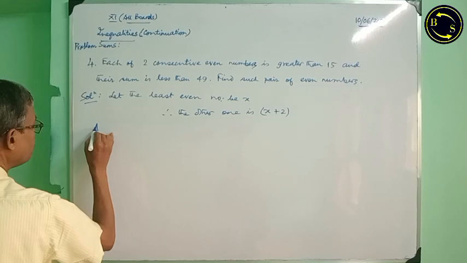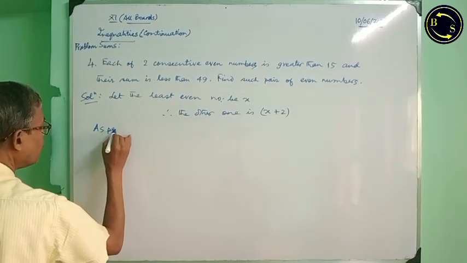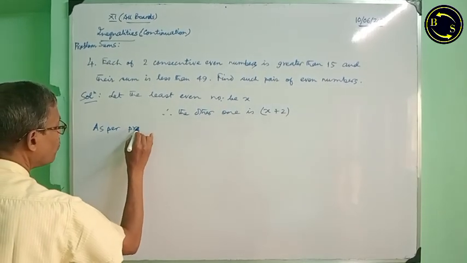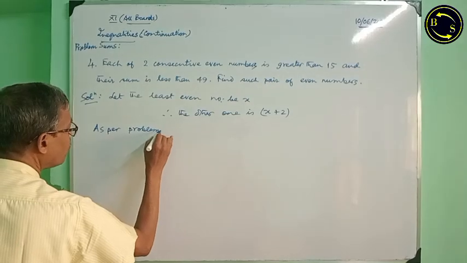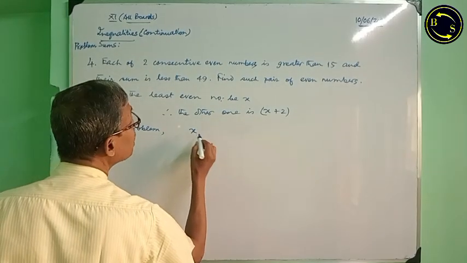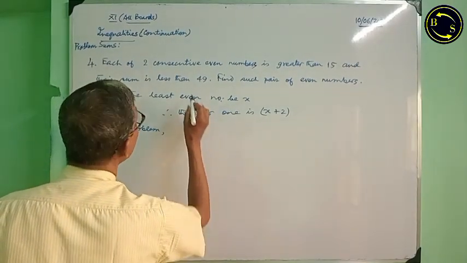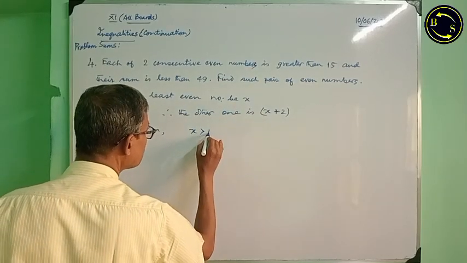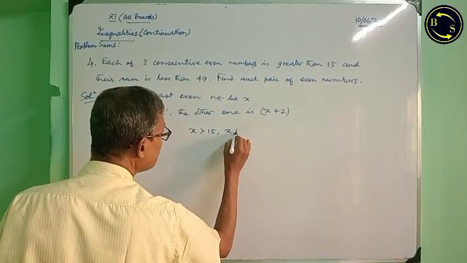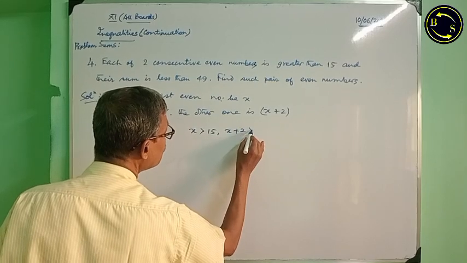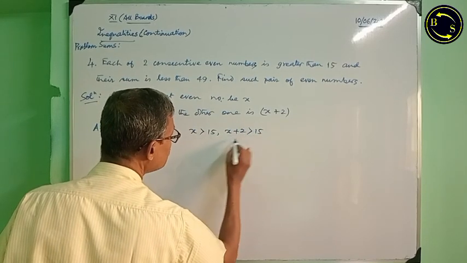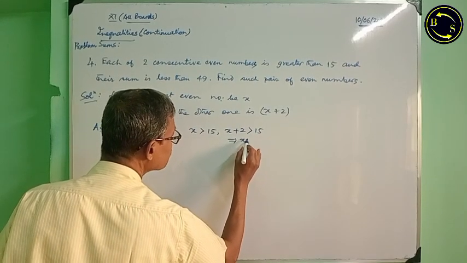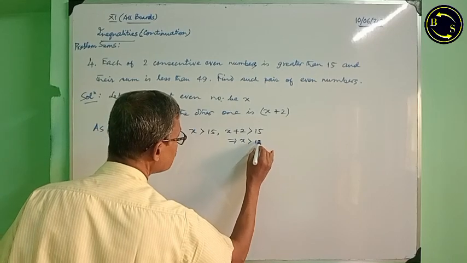As per problem, two consecutive numbers greater than 15, x greater than 15, also x plus 2 greater than 15. From there we get x greater than 30.